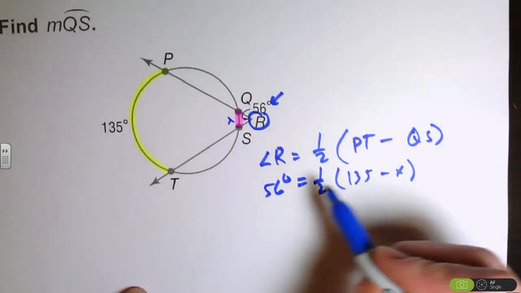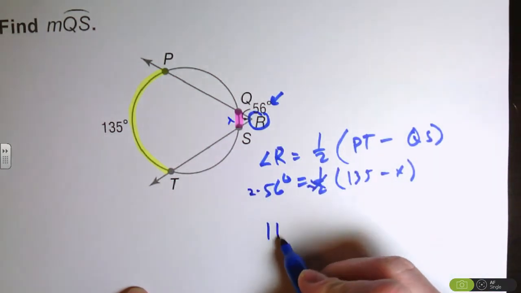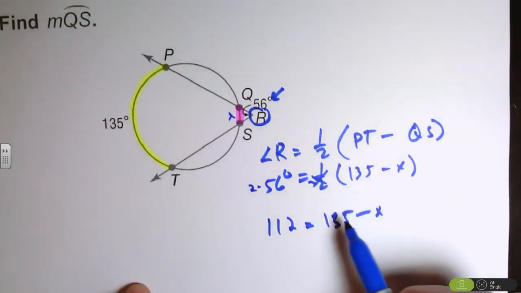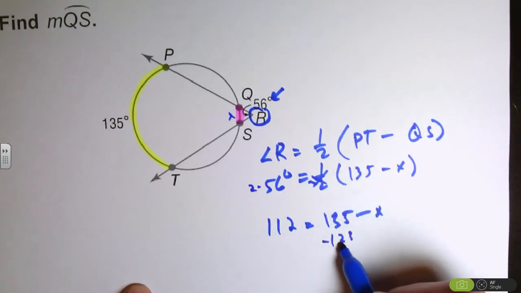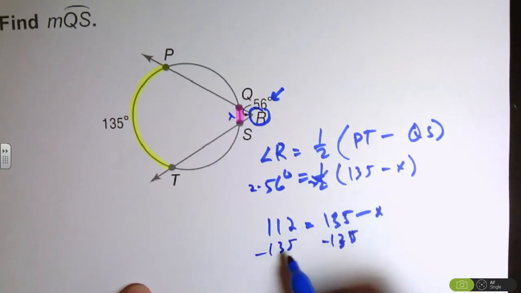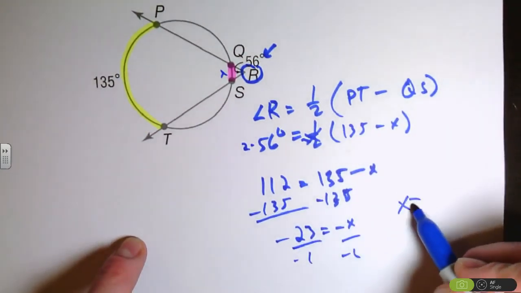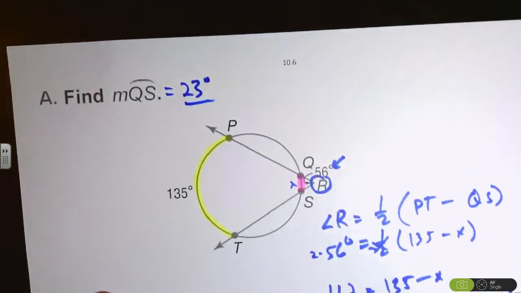Instead, multiply both sides by 2 to cancel this guy off. So you get 112 equals 135 minus X. At this point, some of you might be pretty good at mental math to figure out this is 23, but if not, subtract 135. That gives us negative 23 equals negative X. Divide by negative 1. So QS is 23 degrees.